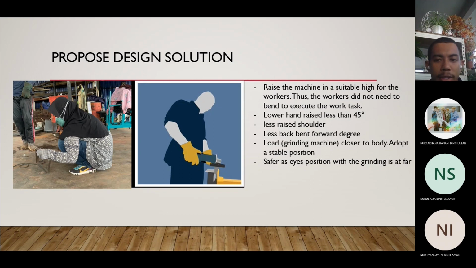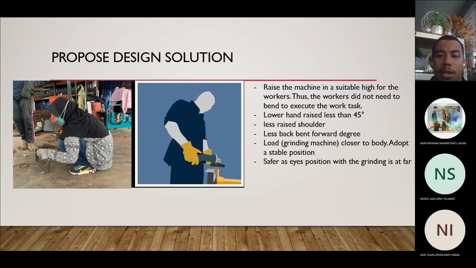It can reduce the shoulder raise compared to the actual activity. Other than that, the back bends forward less, which will also decrease strain. The load will be closer to the body to make the position more stable.